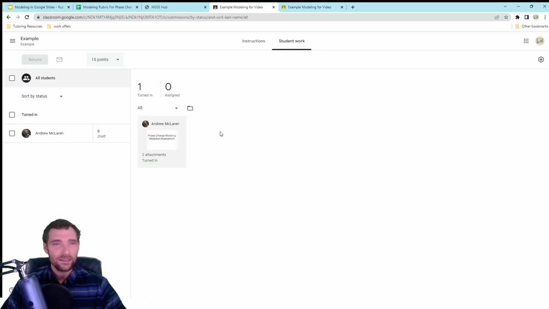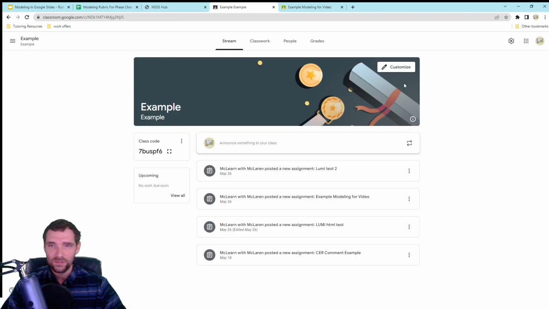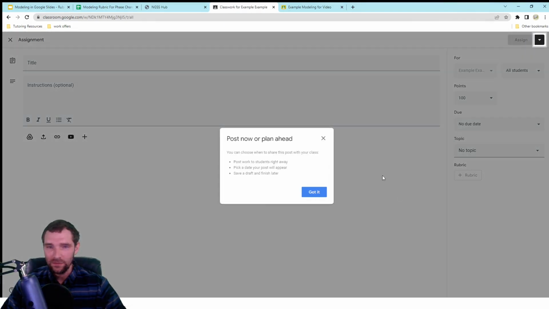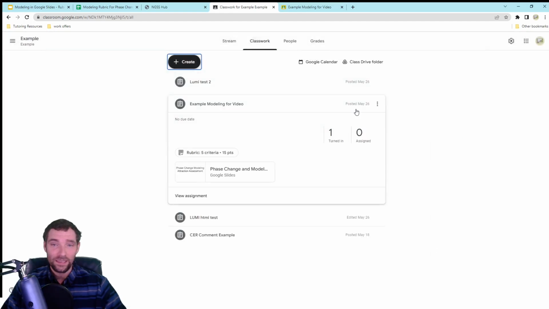And it's not that hard to put a rubric on an assignment in Google Classroom. You just go ahead and try and make an assignment. And then the rubric is right here. You do have to plug it into their format. But it is well worth it. It will save you so much time with grading.